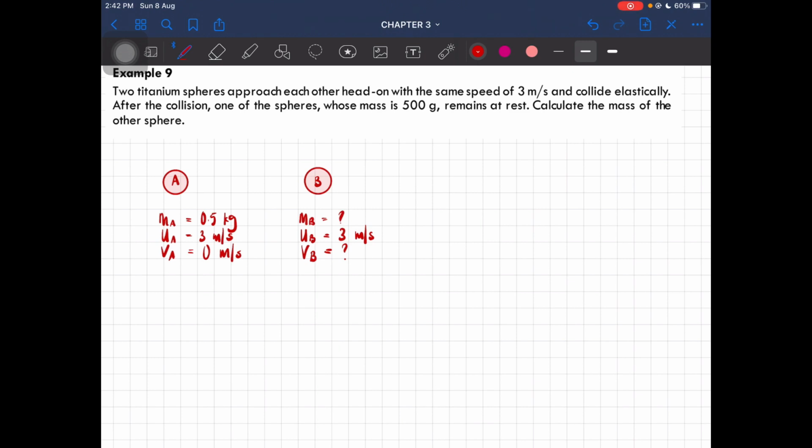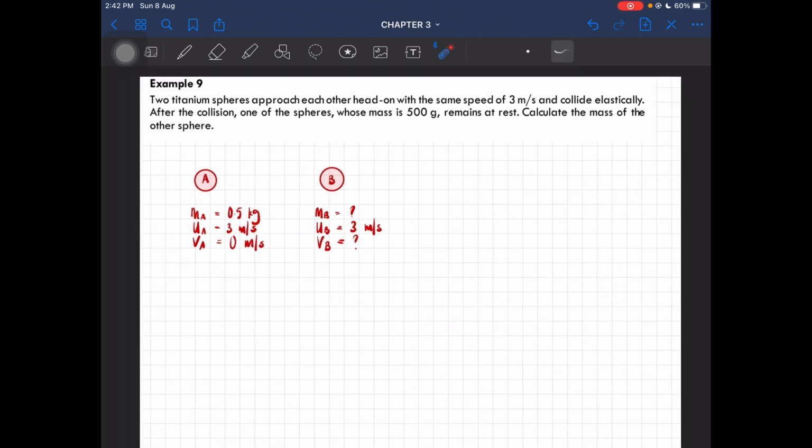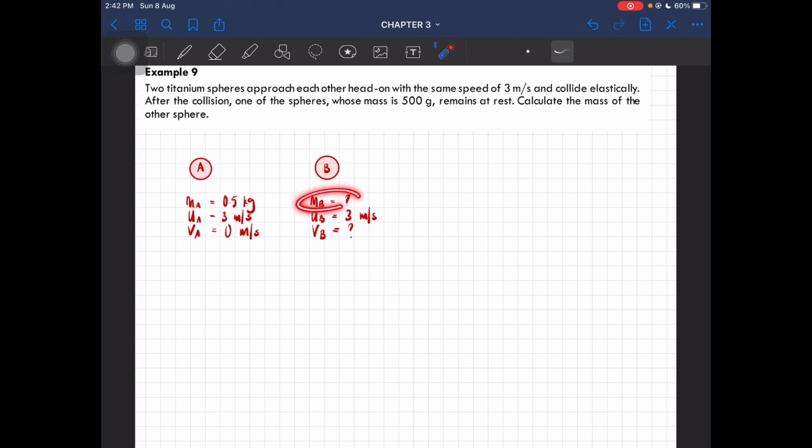Okay, so how do we do this? We have to use two equations because we have two unknowns, so we can't solve this with one equation only. What are the equations we are using? First, we have to use the conservation of momentum. Can you guess the second one?